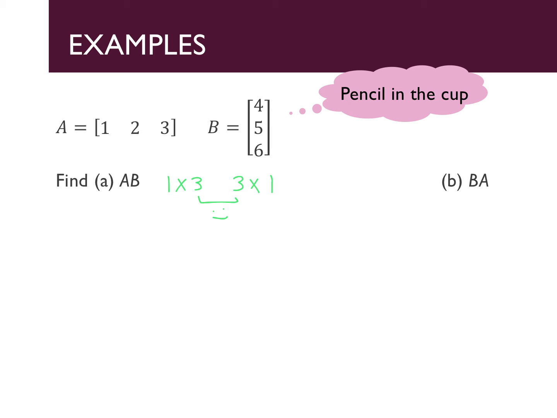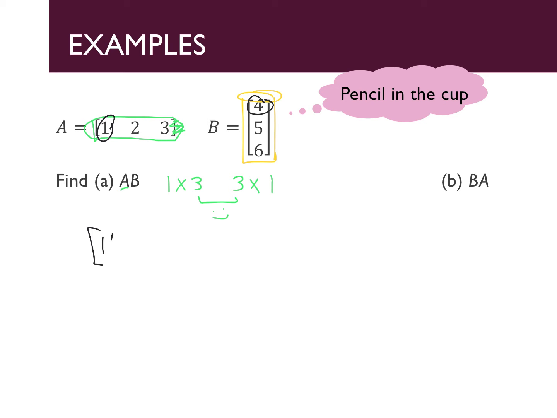Remember, because I'm doing A first, A is the pencil matrix, and that means B is your cup. So it's like we're taking the pencils that were laying on a desk and putting them in a cup to decrease clutter.